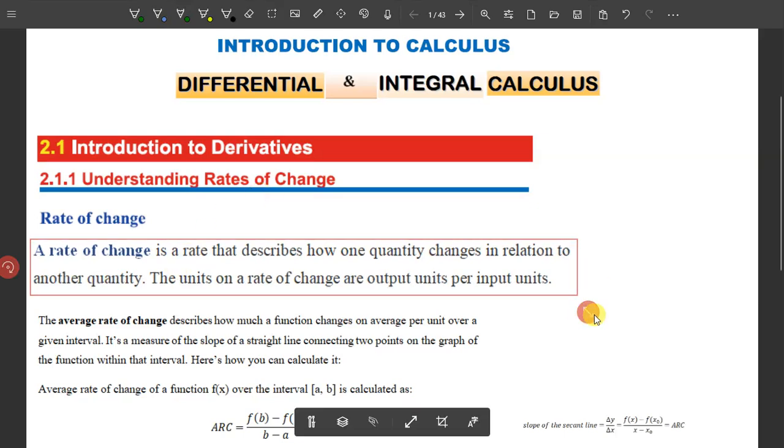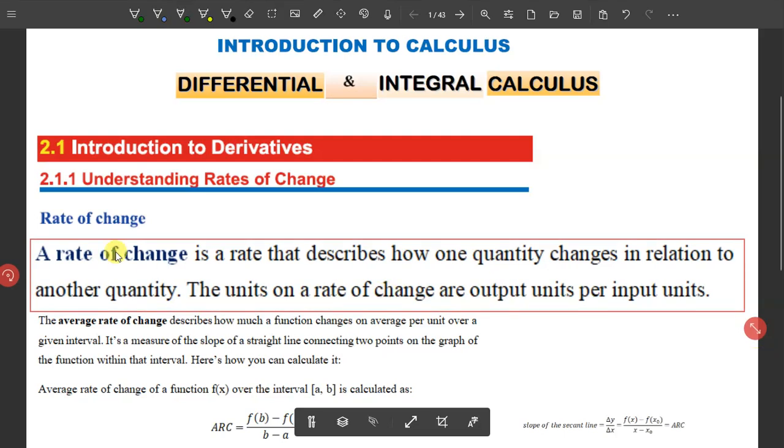A rate of change is a rate that describes how one quantity changes in relation to another quantity. This means that if a change in an independent variable causes a change in a dependent variable, then the ratio is said to be the rate of change.